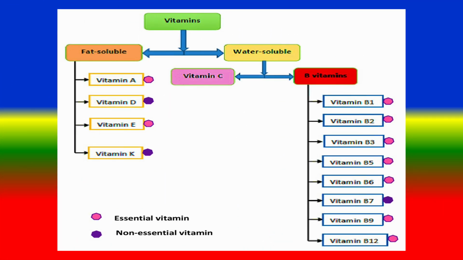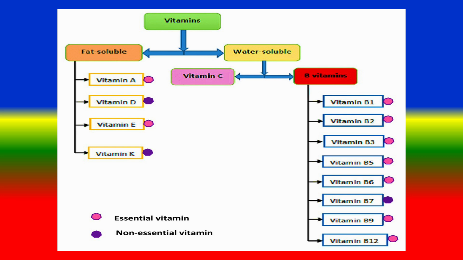Look at this flow chart. Vitamins classification: fat soluble, water soluble. Fat soluble including vitamins A, D, E and K. Rose in color are essential vitamins, and blue in color are non-essential vitamins.